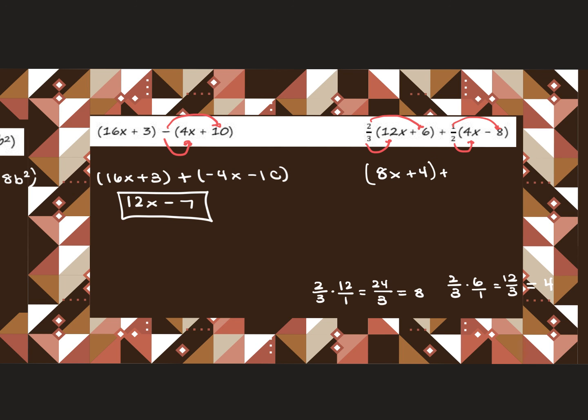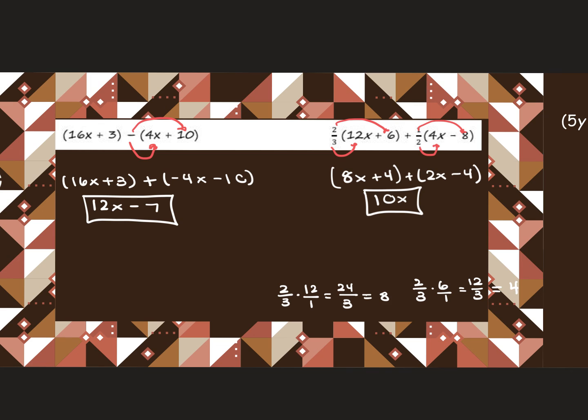I have 1/2 times 4x, which gives me 2x, and 1/2 times a negative 8, which gives me a negative 4. Now I'm going to combine like terms. I have 8x plus 2x, which is 10x. And then I have positive 4 minus 4, which gives me 0. So I just leave it as 10x.